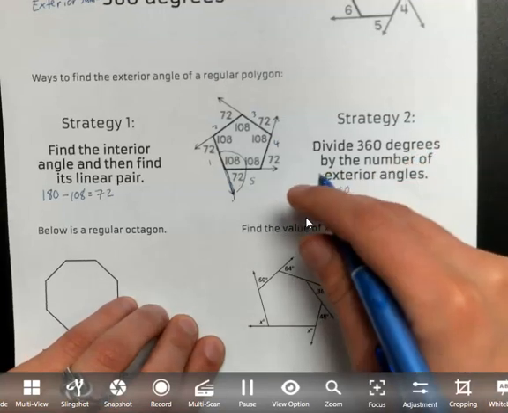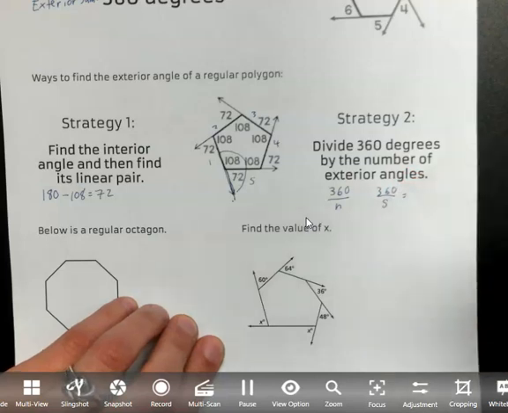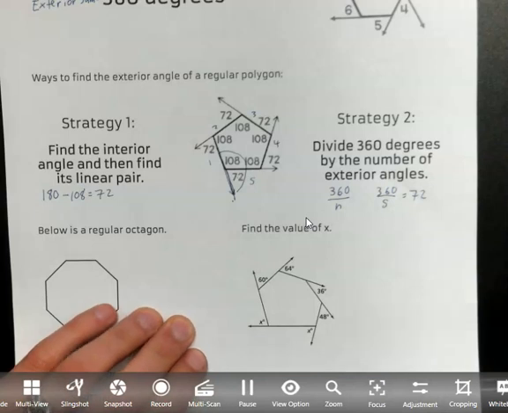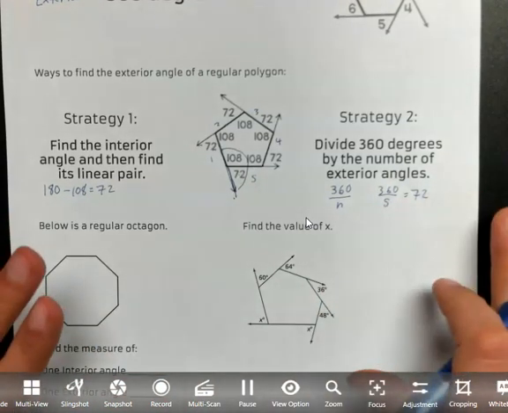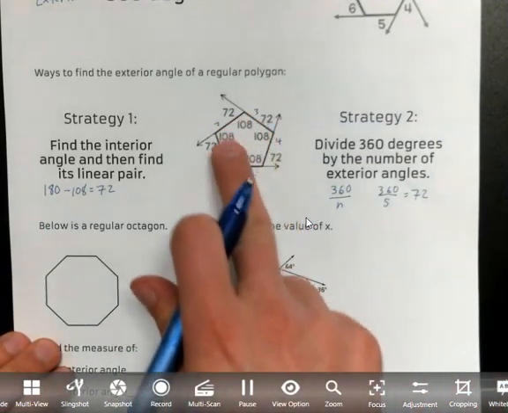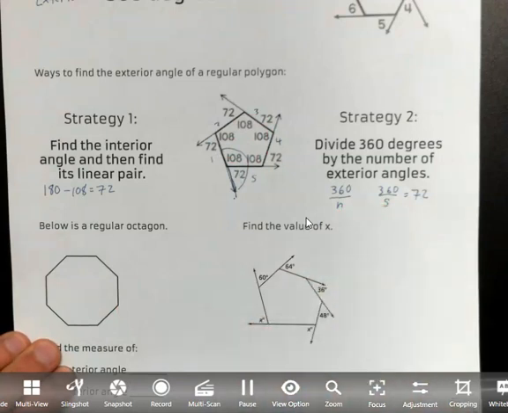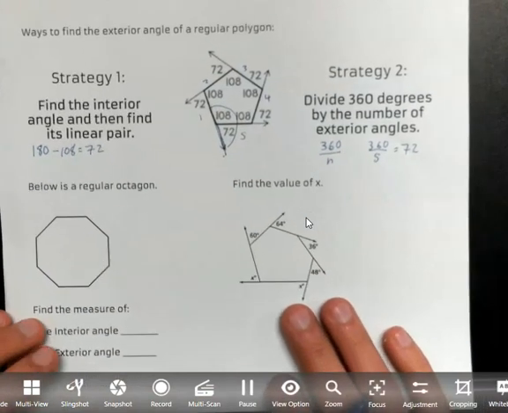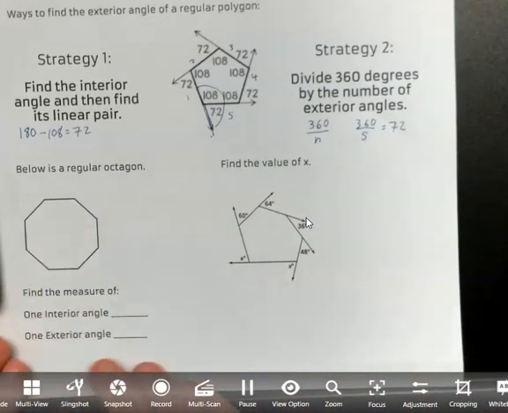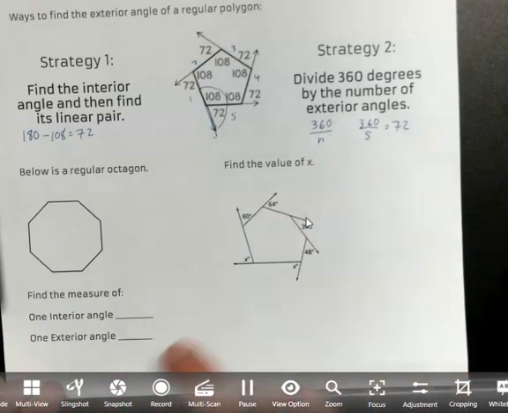In this example, that would be 360 divided by 5, which also gives you that 72. So either way works. You're not always going to have your interior angles, so I like this method better because I can always use it, versus the other, which is more situational, where we have one interior angle.